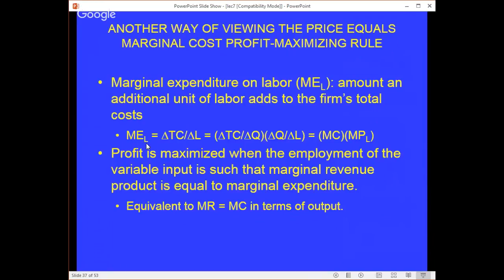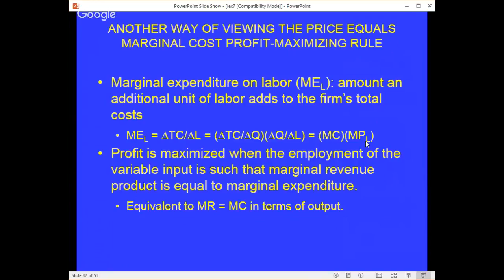So my marginal expenditure on labor is a change in total costs with respect to the change in labor. I do that same little math trick, which is a change in total cost with respect to Q times the change in Q with respect to labor. I just multiplied by change in Q over change in Q. This is marginal cost, and this is the marginal product of labor.